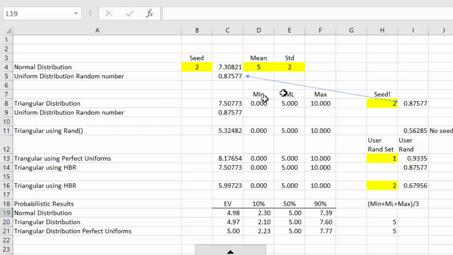And I'm also modeling a triangular distribution with a most likely equal to my mean, a maximum equal to 2.5 times the standard deviation above the mean, and a minimum equal to the mean less 2.5 times the standard deviation. How do those two distributions compare?